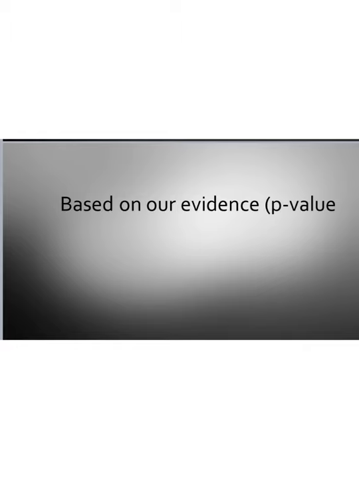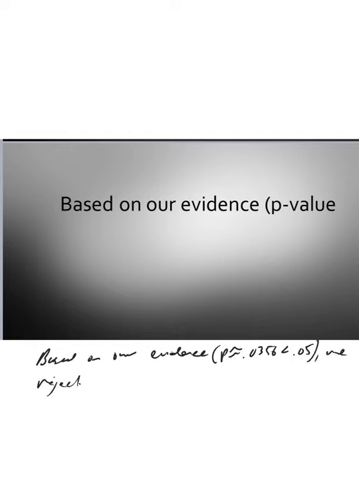So our conclusion would look like this. Based on our evidence, and in this case it was a p of 0.0356 being less than 0.05, we reject the null hypothesis. And again, it's because when p is low, reject H0.